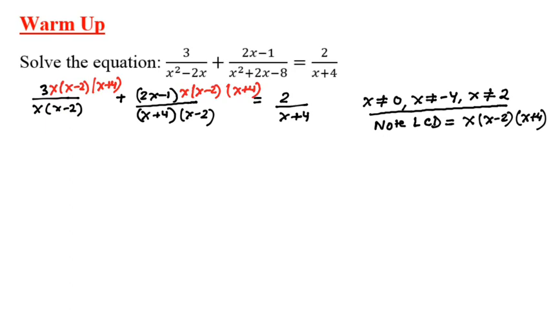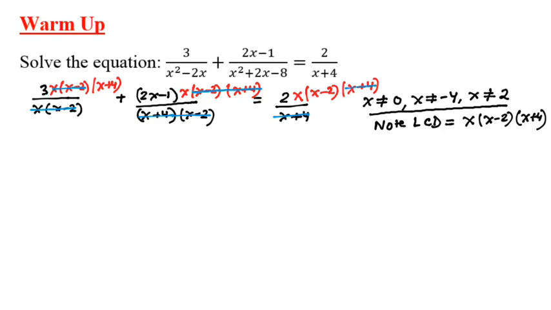We do the same thing to the third, x times x minus 2, x plus 4. By doing this, you can see that the denominators get cancelled. In the first one, x times x minus 2 gets cancelled. In the second one, x plus 4 times x minus 2 gets cancelled. In the third one, you can see x plus 4 gets cancelled.